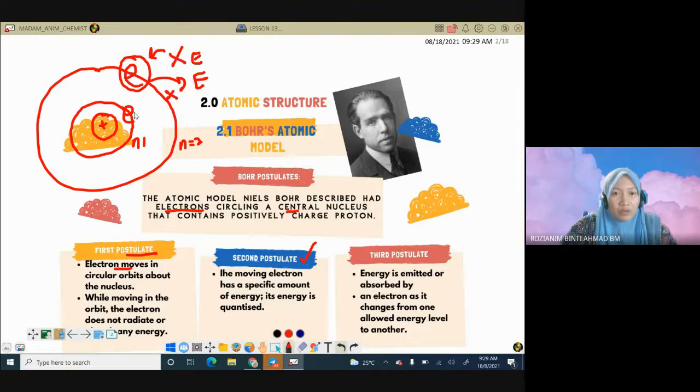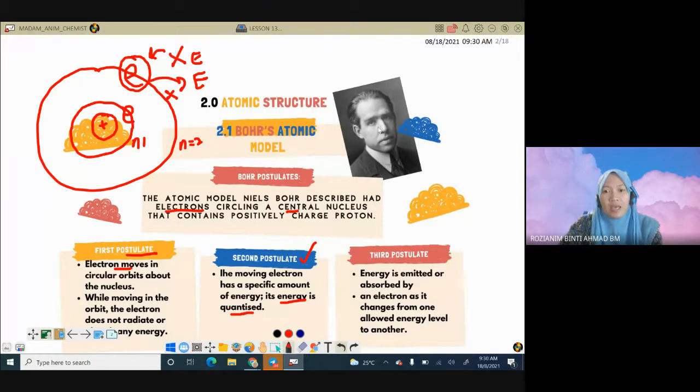Therefore, postulate number 2 states that during the electron moving around the nucleus on specific orbits, the value of energy is quantized. It means it has its own specific energy. The energy of the electron moving in shell number 1 is not the same as shell number 2, and not the same as the next shells.